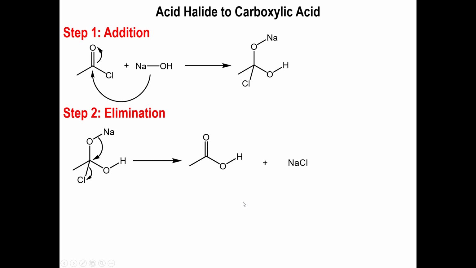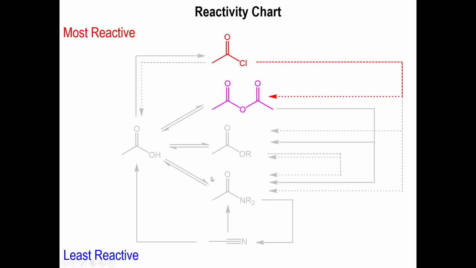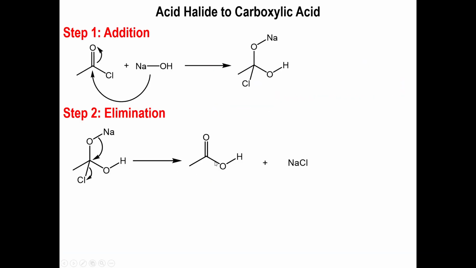Now, the carboxylic acid that's initially formed is technically very acidic compared to hydroxide. So what's going to happen is that you will initially deprotonate the carboxylic acid, form the carboxylate, and then if it is in fact the case that you do want the carboxylic acid, you will have to protonate it again during workup. But other than that, this is basically how the whole mechanism goes.